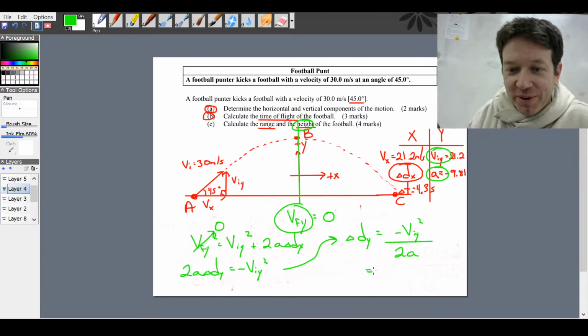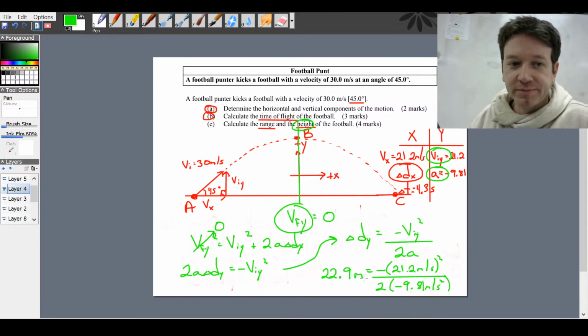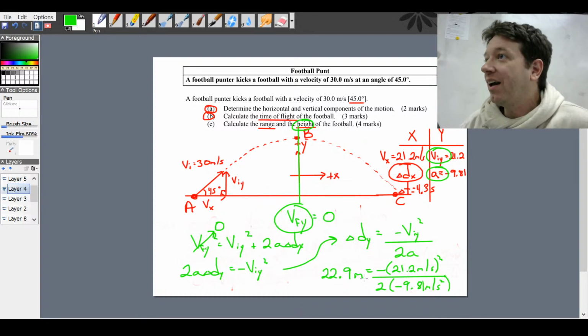So plug in what we know. So minus, so Vi is 21.2 meters per second squared all over 2 times negative 9.81 meters per second squared. And we get, let's write it over here, 22.9 meters.